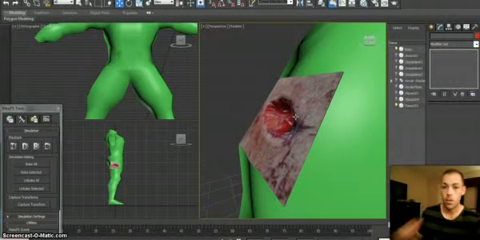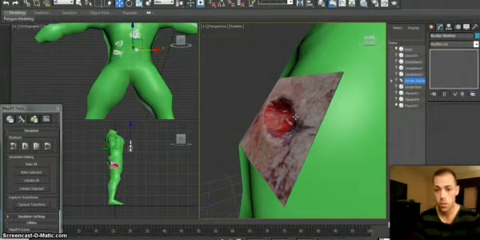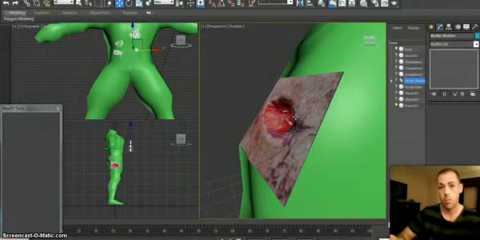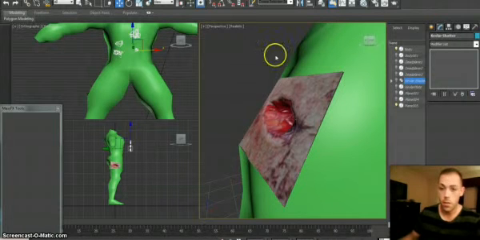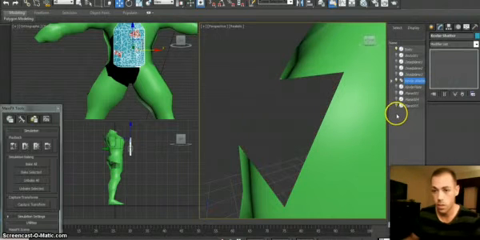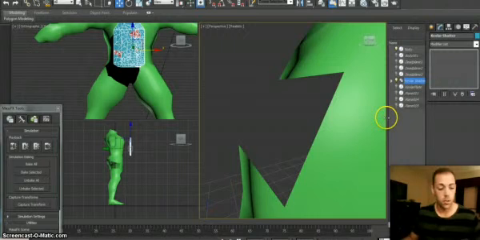Also, a larger wound as opposed to a smaller wound would be displayed if, for instance, a 9mm was used versus a 45 caliber pistol. Obviously the damage is going to be greater for the 45, so it's going to jump to the higher damage model than it would for the 9mm.